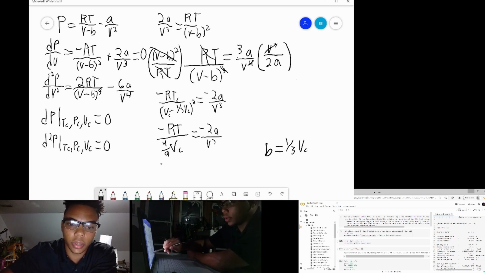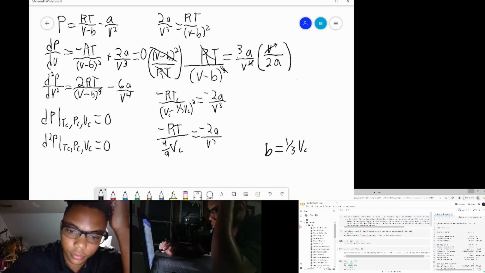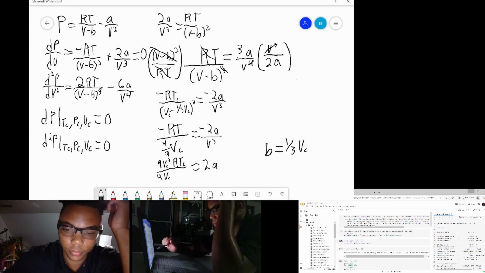So now we have 9 V cubed RT over 4 equal to 2A.